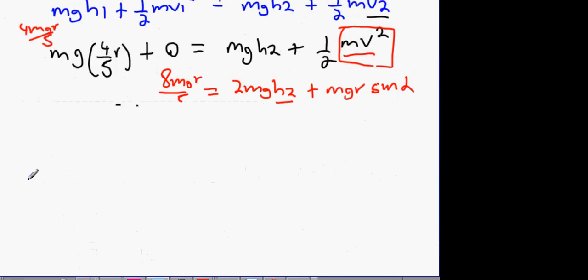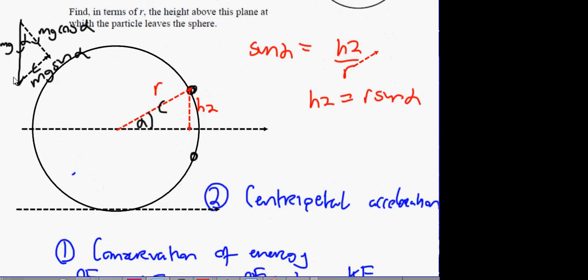And this equals, I will do in a second. What's h2 again? R sine alpha plus mgr sin alpha. Now somebody told me to get rid of the mg's.